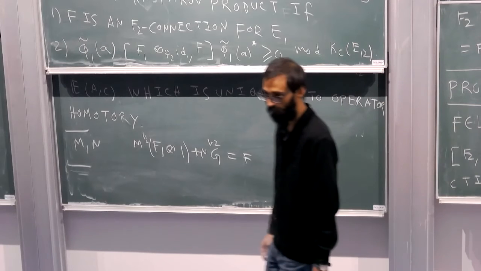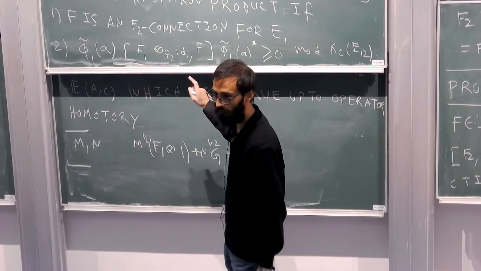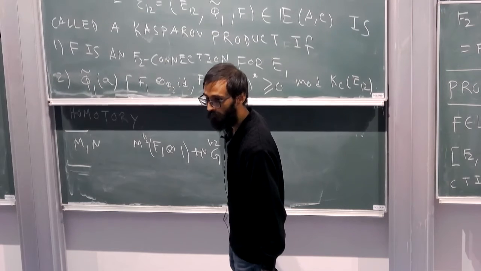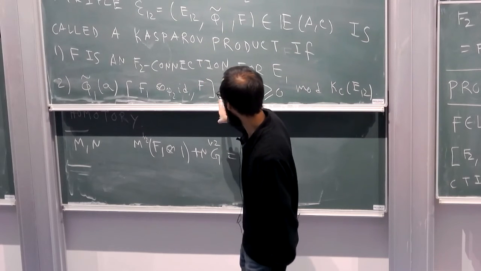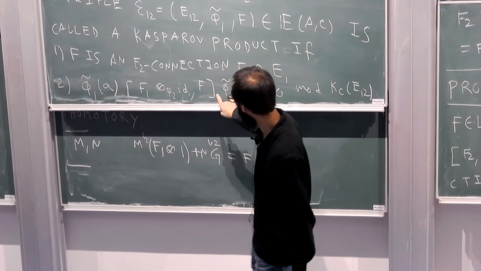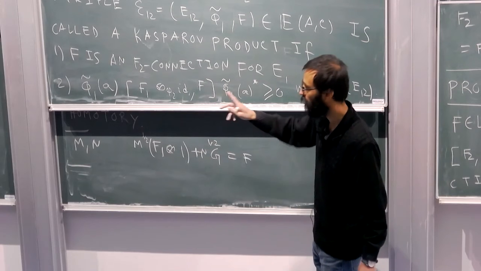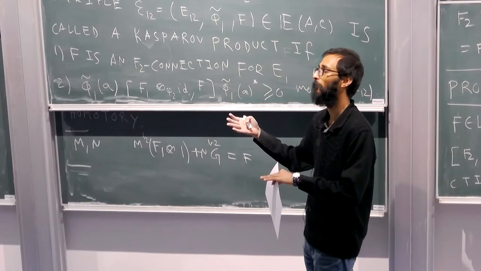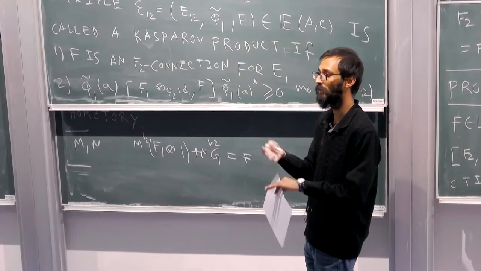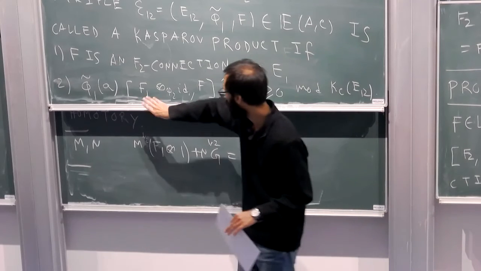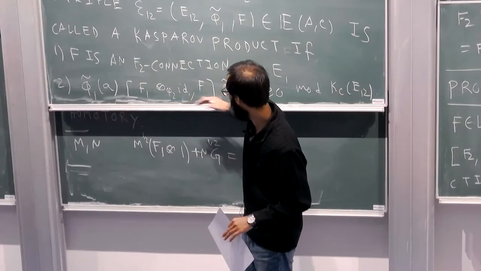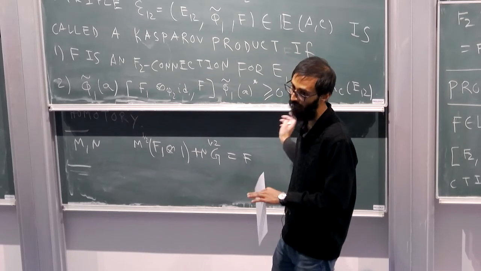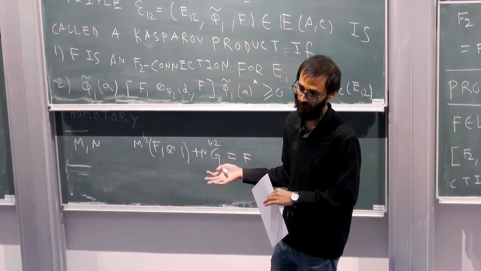This is condition 2 here. What's this saying? How is this unique? I have skipped a lemma which says that if you have two Kasparov modules (E, phi, F1) and (E, phi, F2) such that, replacing F1 and F2 in this expression, it is positive mod compact, then they are operator homotopic.